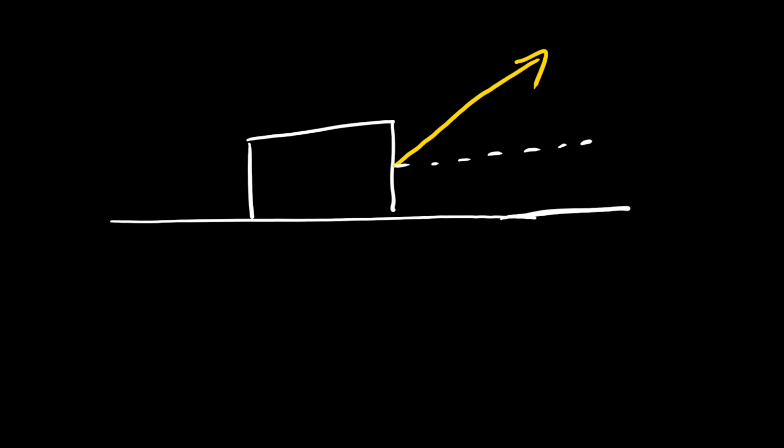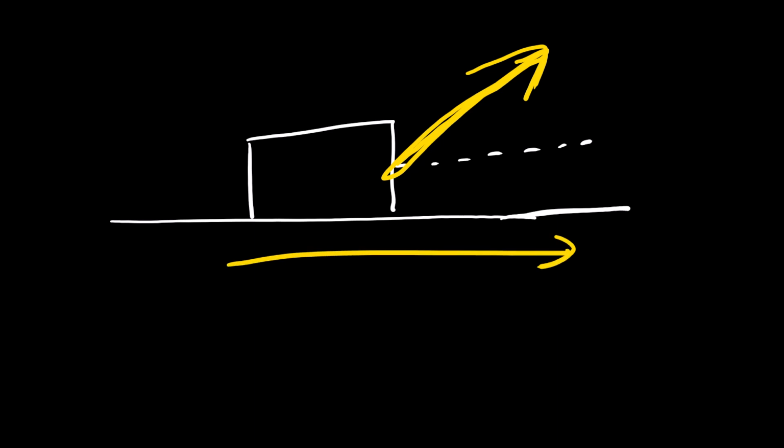Now a simple question. When you apply a force at a certain direction, what will be the acceleration of the block? We can see that the block will accelerate in this direction. Do we have any up and down motion of the block? No, we don't.